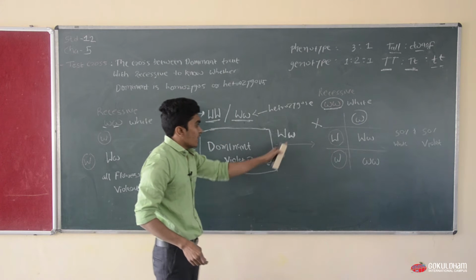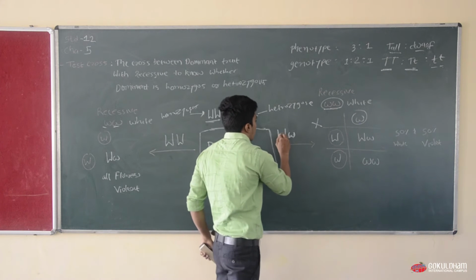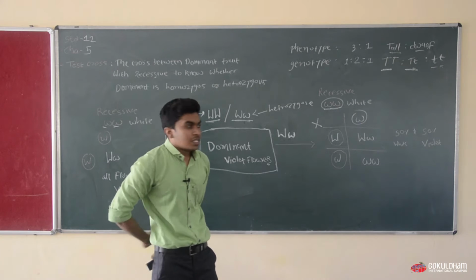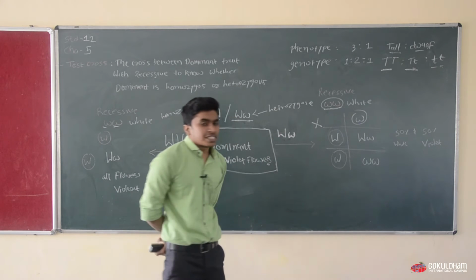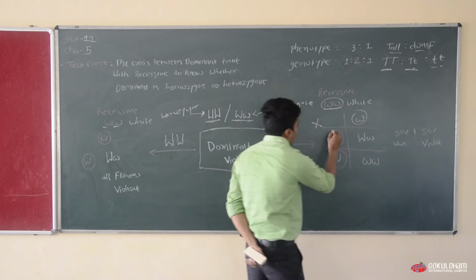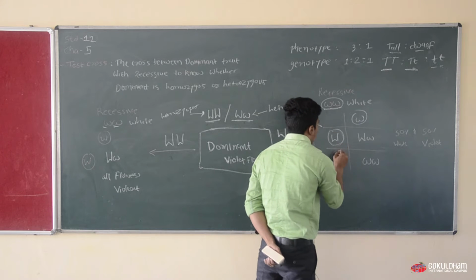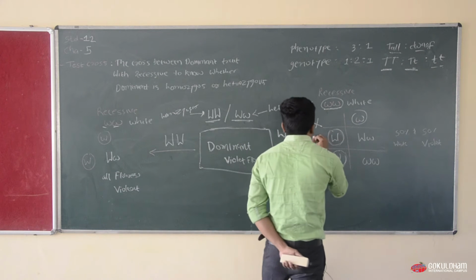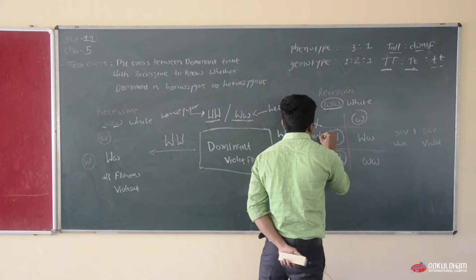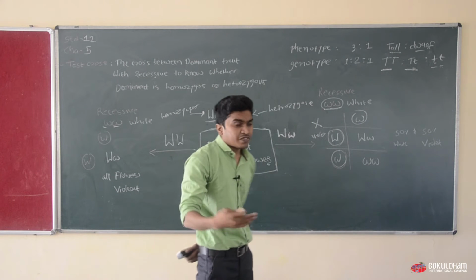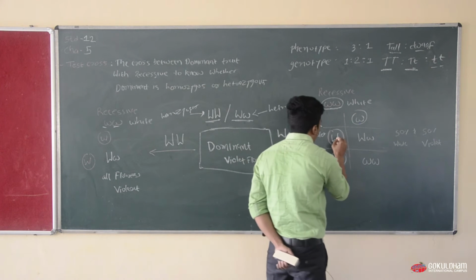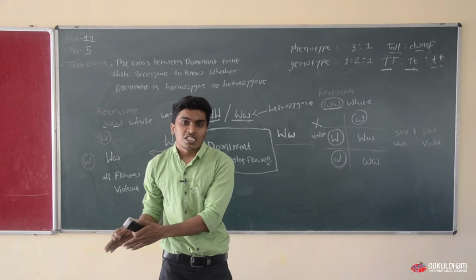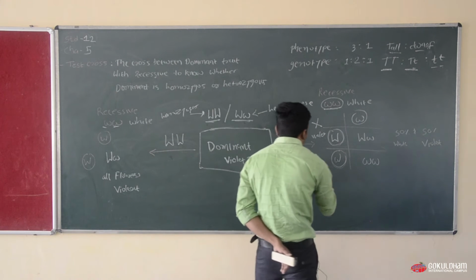On the other hand, this dominant has two different kinds of alleles, and it is a heterozygous condition. That's why two different kinds of gametes will form. One will have the trait of violet color, symbolized as capital W, and the other 50% of gametes have the white color flower trait.